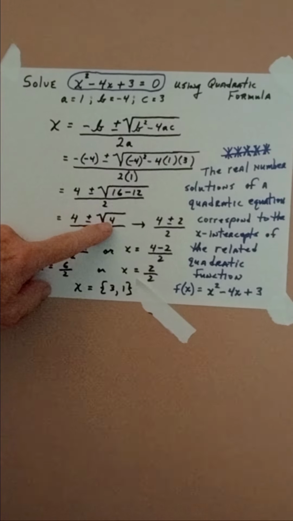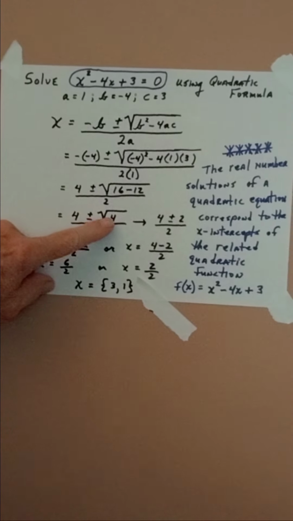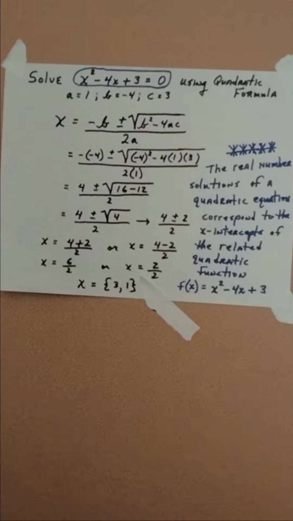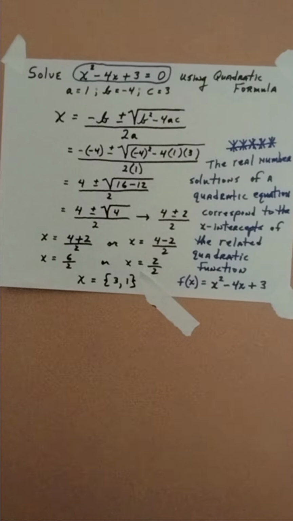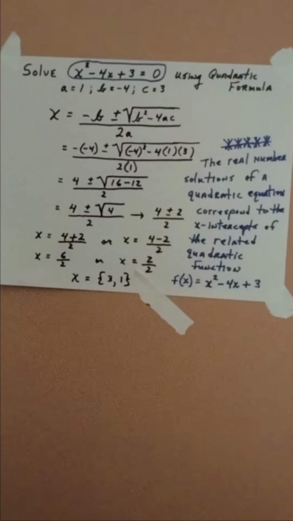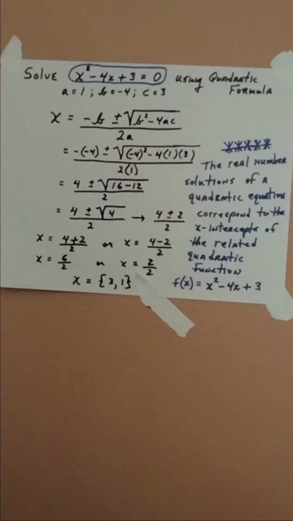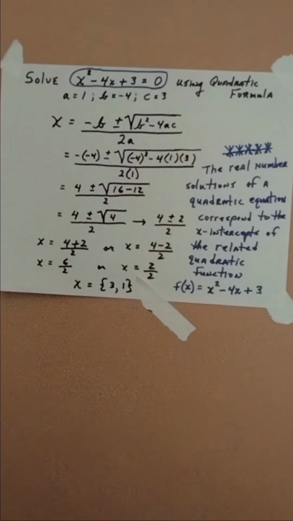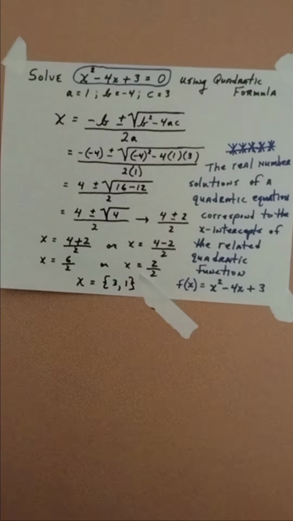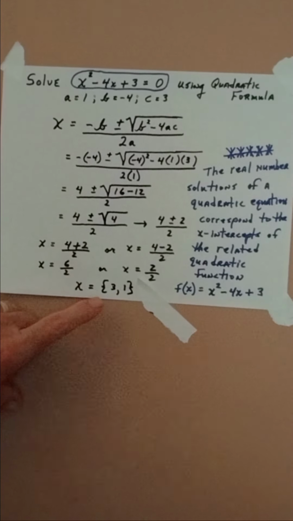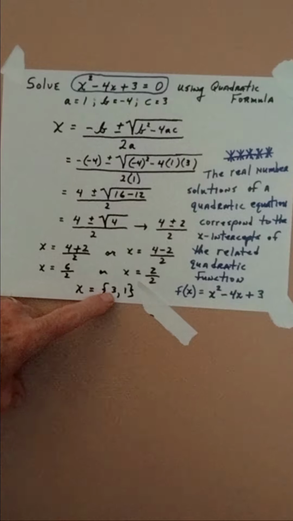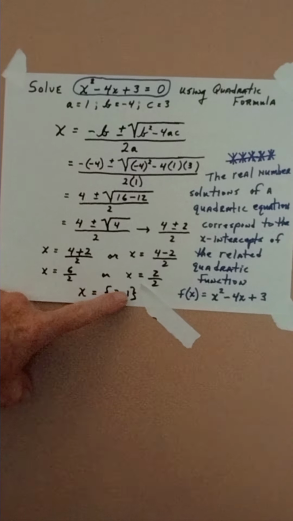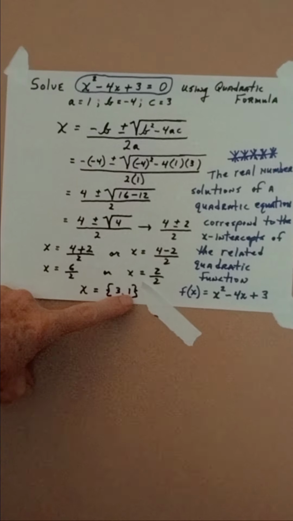It's greater than 0, and it happens to be a perfect square. So, like we had pointed out when we were dealing with the discriminant, if the value of the discriminant is a positive number and it is a perfect square, there will be 2 rational real number solutions. And those rational solutions are x is equal to 3 or x is equal to 1.